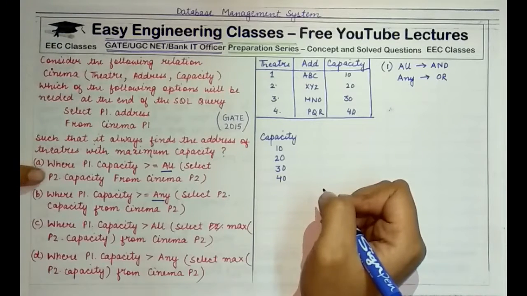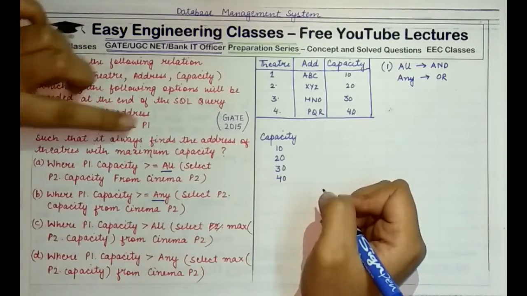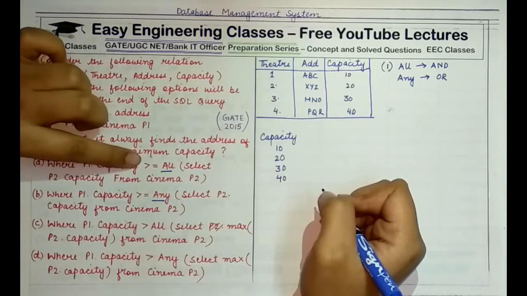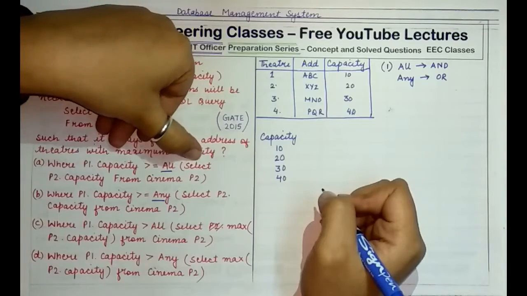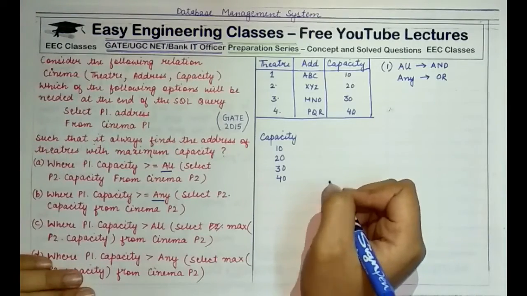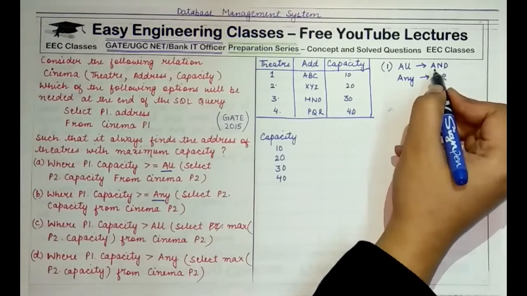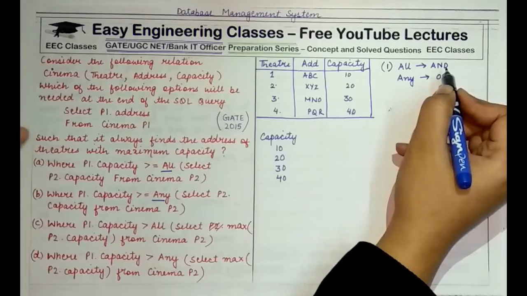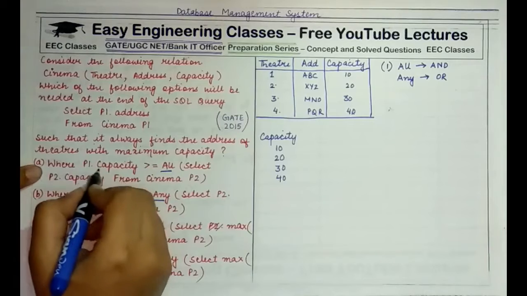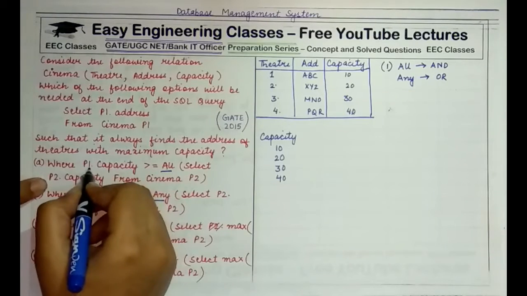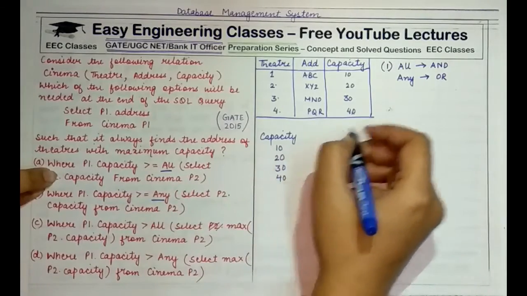So if we choose option 1, that is select P1 dot address from cinema P1 where P1 dot capacity is greater than equal to all values that were the result of the inner query. Since I told you that all places the keyword AND between all the values, what does it mean? When we are selecting the capacity in the outer query, we will use some condition corresponding to this.